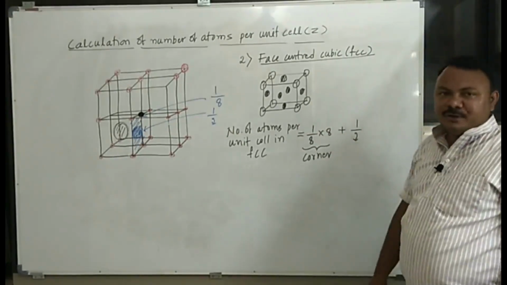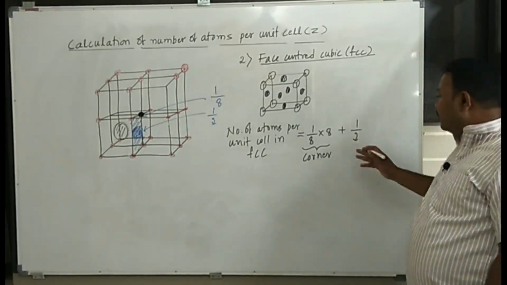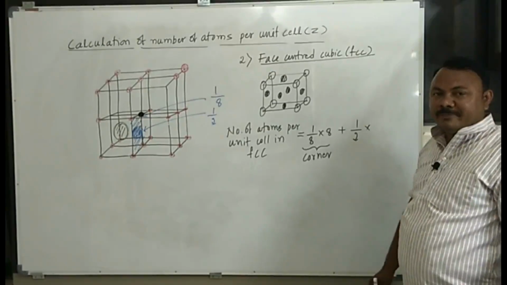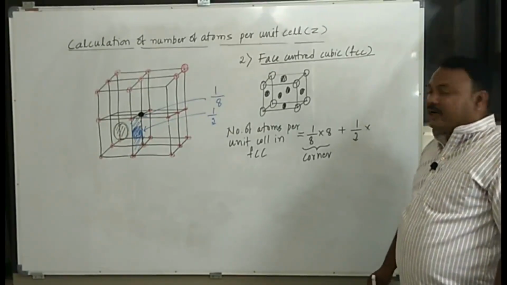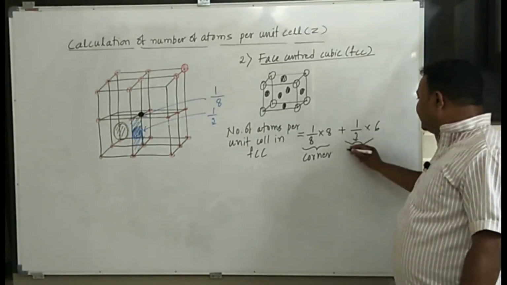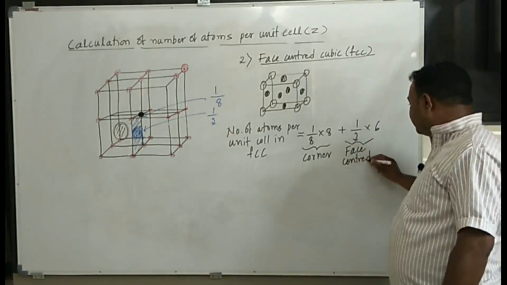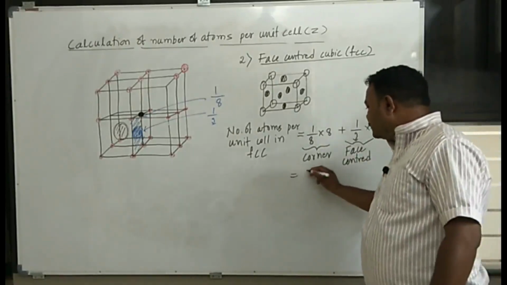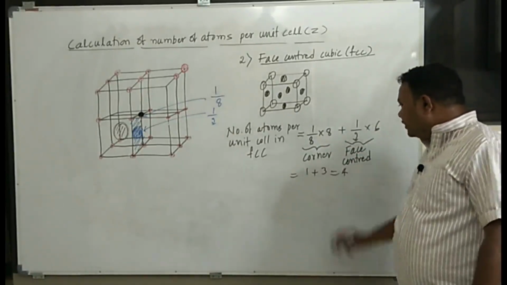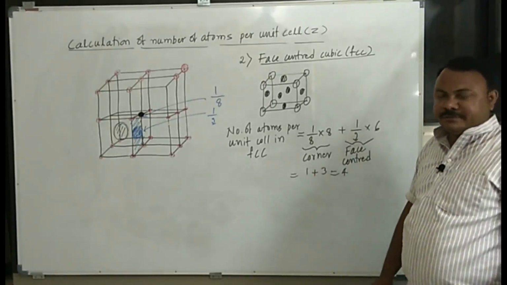Half a part belongs to one unit cell and the other half belongs to the neighboring unit cell. Like that, totally we have 6 atoms, therefore I multiply by 6. Now we add both. 1 by 2 into 6 gives 3. So the number of atoms per unit cell in FCC is equal to 4.